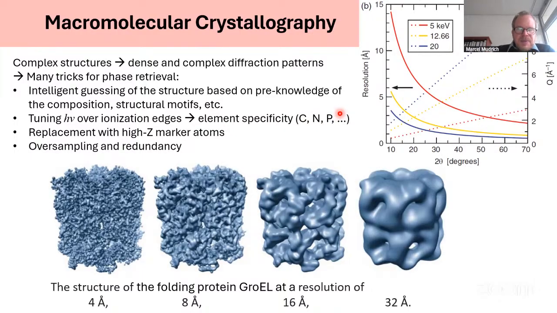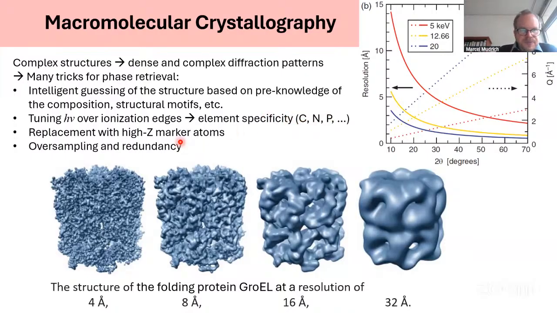And then we get different information about the arrangement of the specific atoms in the protein. So we can select out specific elements and get their structural information in the protein.